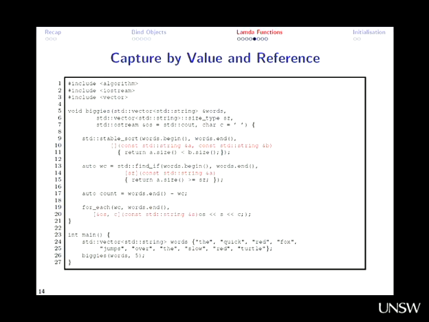Let's go back to the definition of find if. We looked at find if on Thursday. Can someone remember what find if does? No, not quite. Find if goes over a container and finds the first value that matches a set of criteria, and then it returns an iterator to that location.